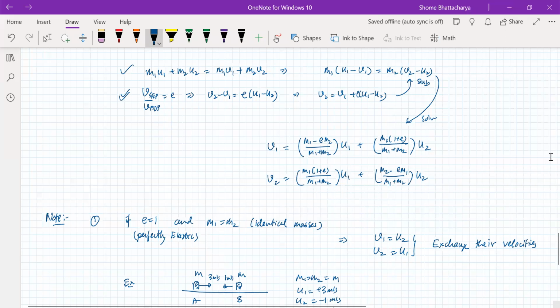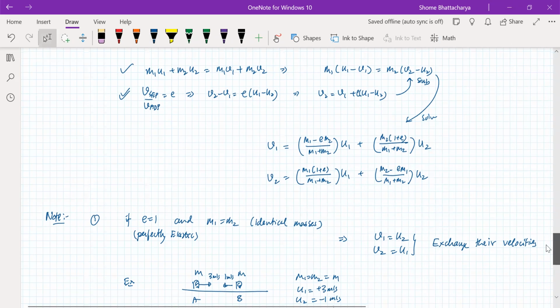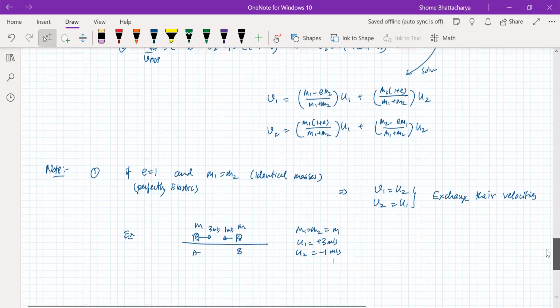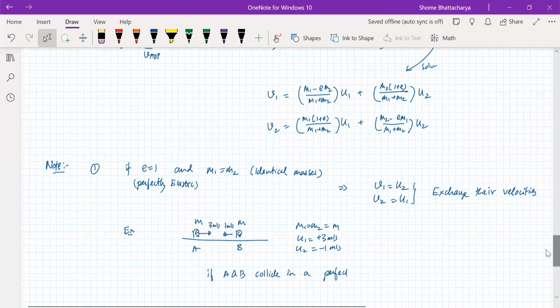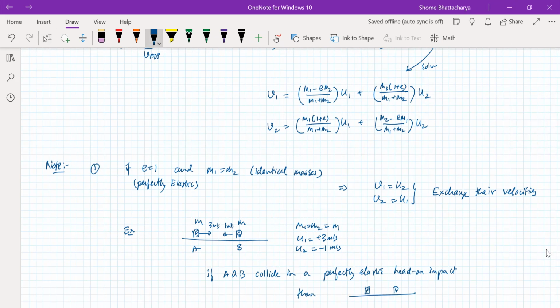Now if a and b make a head-on perfectly elastic collision here, then what will happen is that after impact, their velocities will become like this.